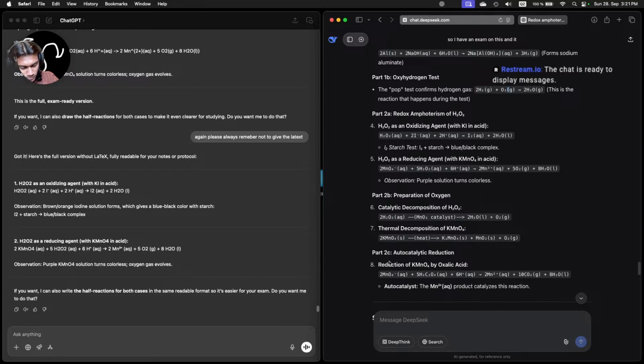What kind of decomposition was for hydrogen peroxide? Was not thermal. Catalytic, yeah.